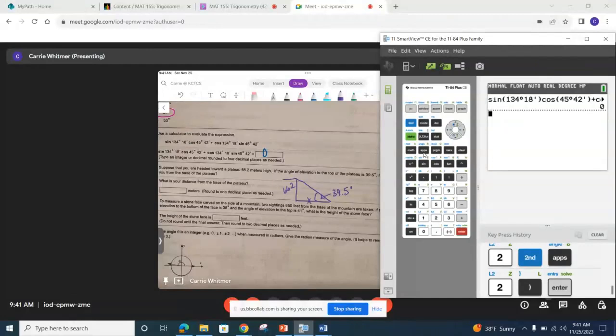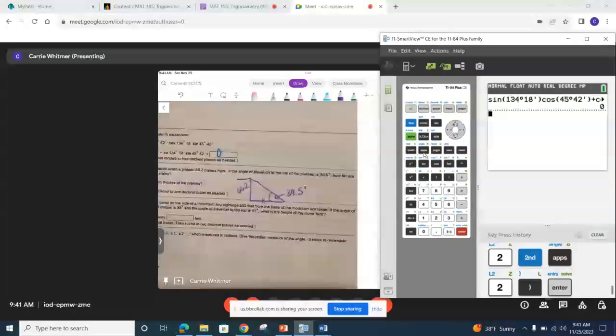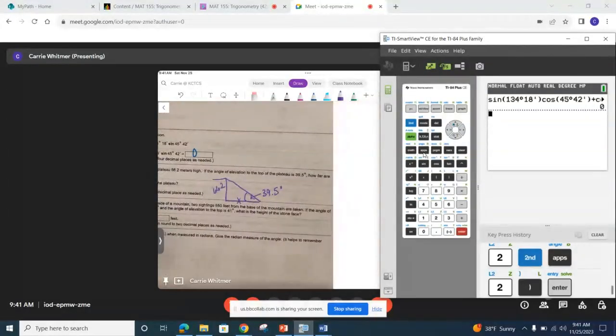So that's our x. Okay. So once I have the diagram drawn, I'm going to look at the angle that I'm given. The 66.2 is across from that, so that's my opposite. The side that we want to find is x, that's adjacent.